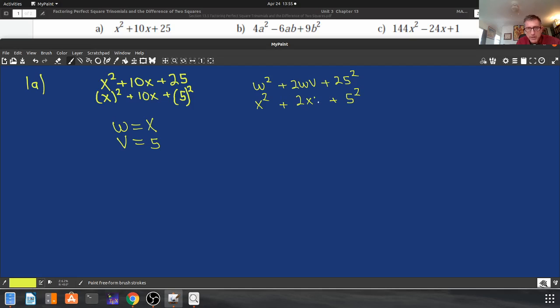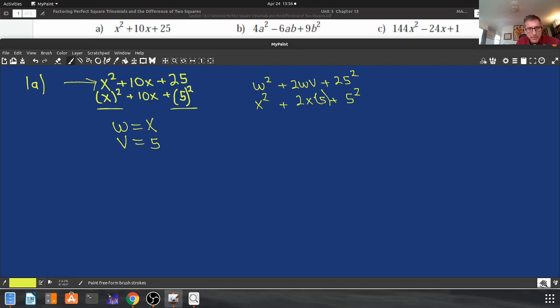I don't know if that was helpful or not. Maybe I'm confusing because I immediately identified my 5 with the V value. But that's okay. Just ignore this over here if it's confusing, and just stop right here. The only thing we want to do is break what I'm given down into x squared plus 10x plus 5 squared, so that my first and last terms are some polynomial or integer squared.